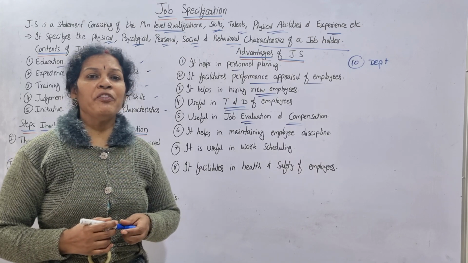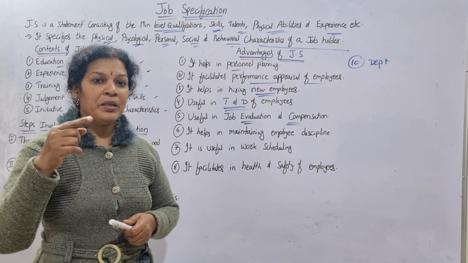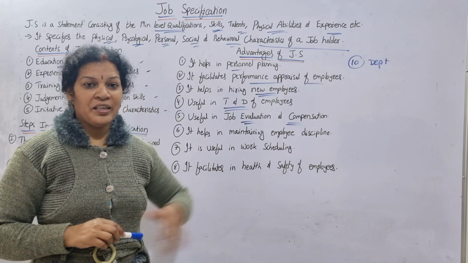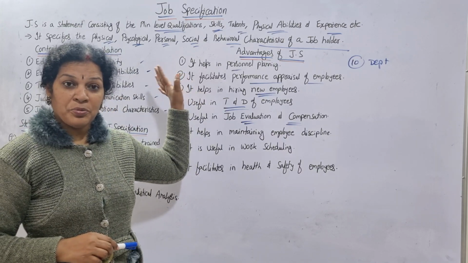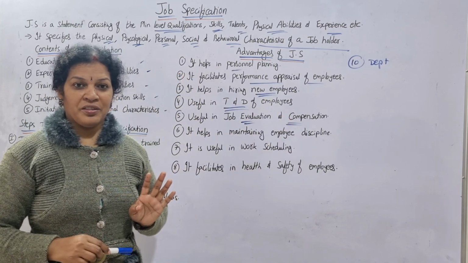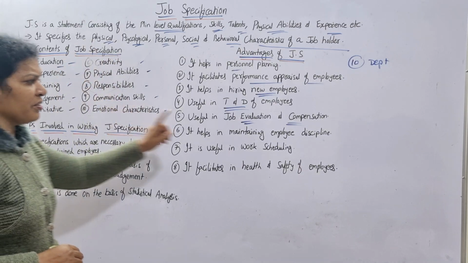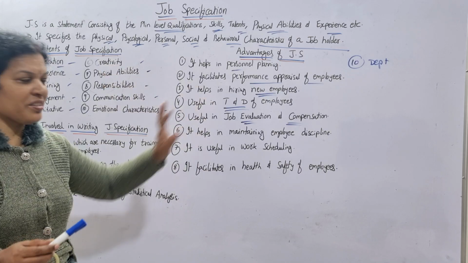Compensation is nothing but the benefits the employee directly gets from the company for his nature of job. Compensation can also be decided based on the job specification. Qualifications are this, activities are this, and so on. For all these things, what is the compensation? We can fix it through this.